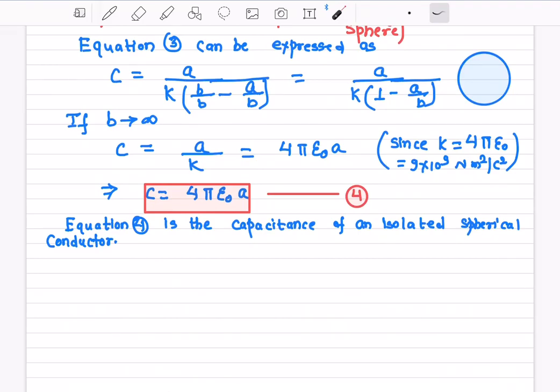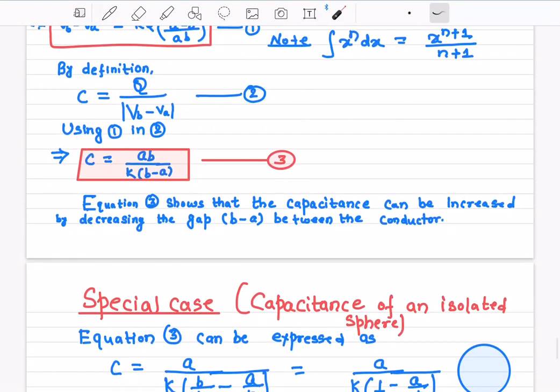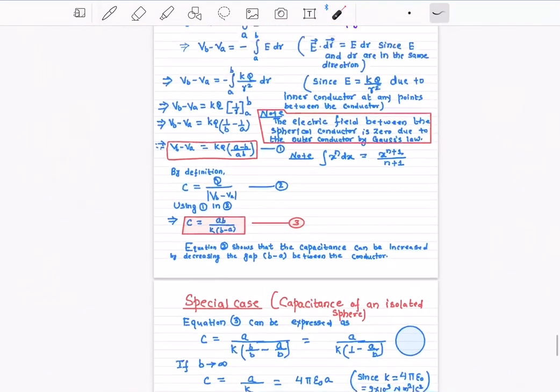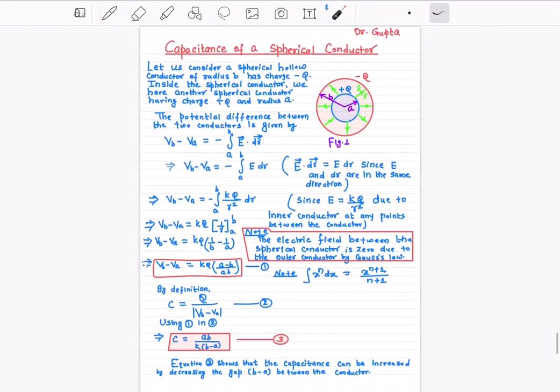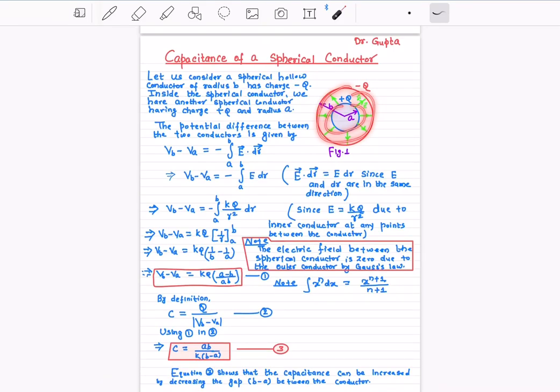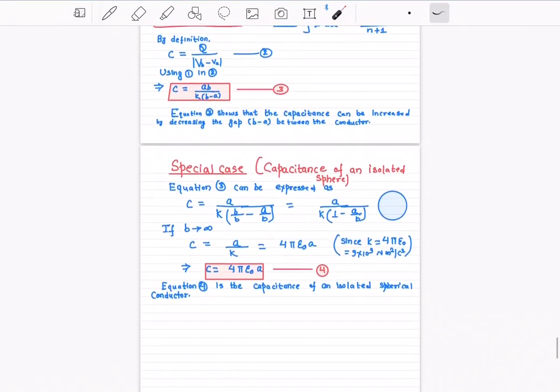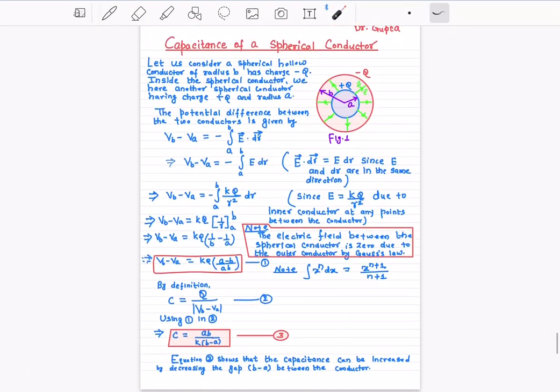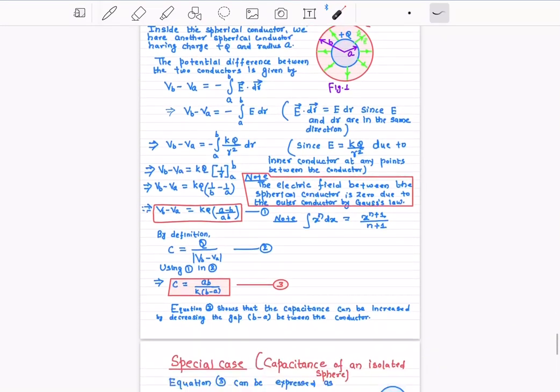So this is the equation for an isolated spherical conductor, and this is the equation for two concentric spherical conductors.